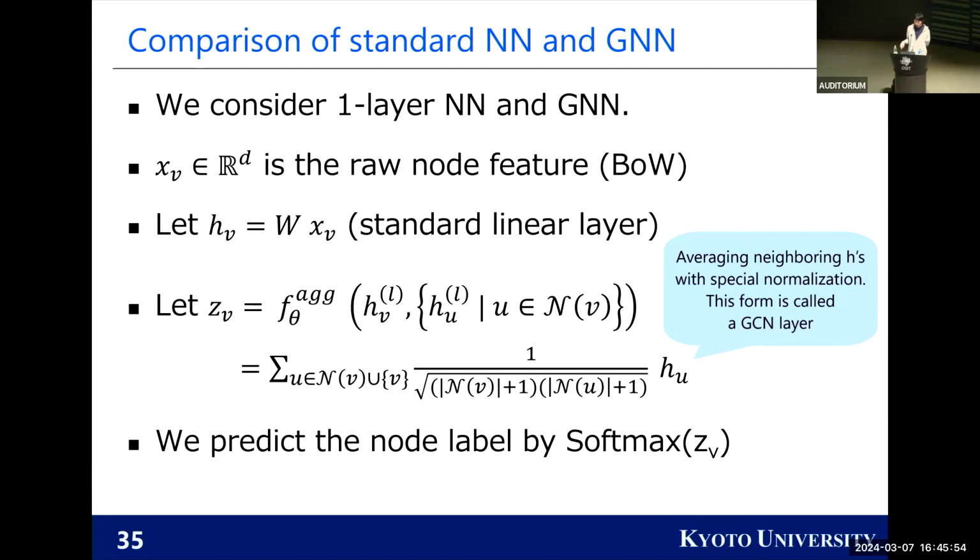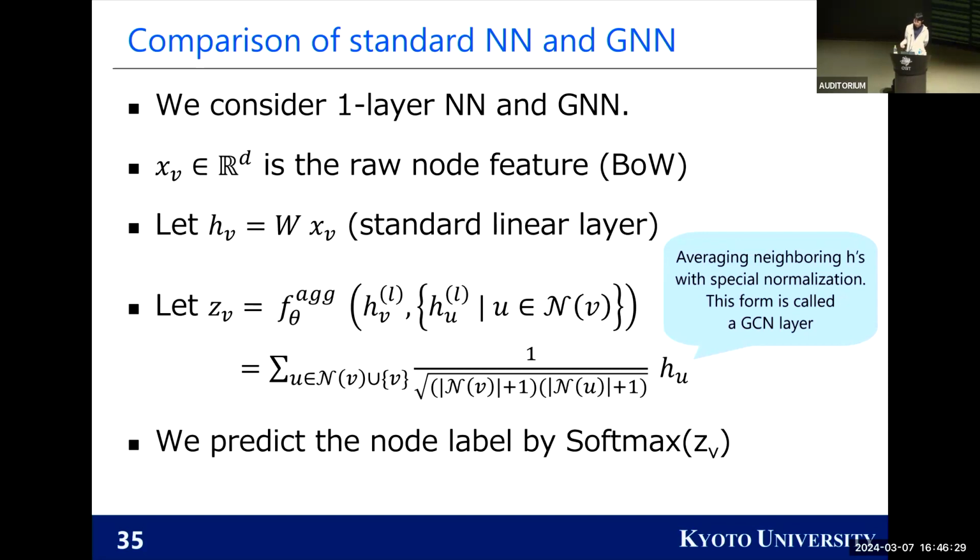And the reason why we adopted this kind of normalization is very difficult to explain, but intuitively, we use this normalization because we want to make the inference from U to V and V to U symmetric. And by writing down this aggregation in matrix form, the matrix would be symmetric.